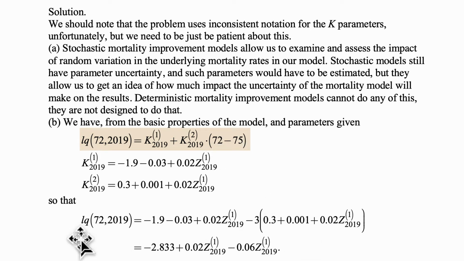So that LQ of 72, 2019 is negative 1.9 minus 0.03 plus 0.02 z_2019^1 minus 3 times (0.3 plus 0.001 plus 0.02 z_2019^2), and because 72 minus 75 is negative 3, that's equal to negative 2.833 plus 0.02 z_2019^1 minus 0.06 z_2019^2.